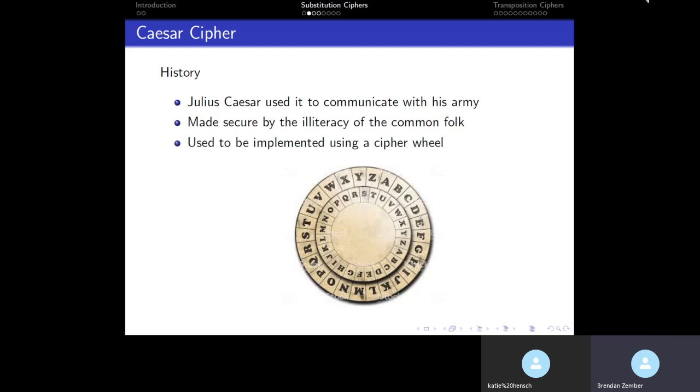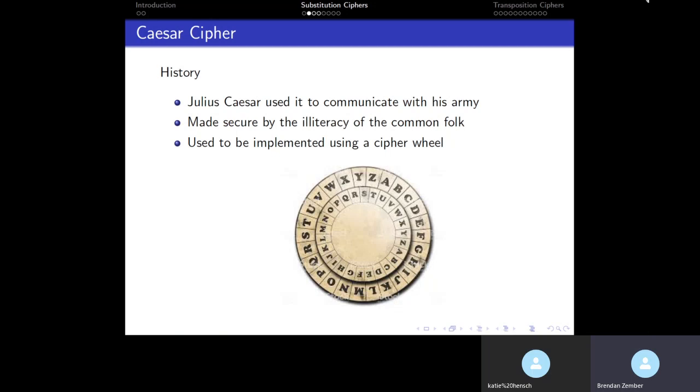What made this cipher secure was the fact that most people in that era were not literate. And those who were, who may intercept the messages he was trying to send, didn't exactly know what was being said because ciphers were so uncommonly used back then.